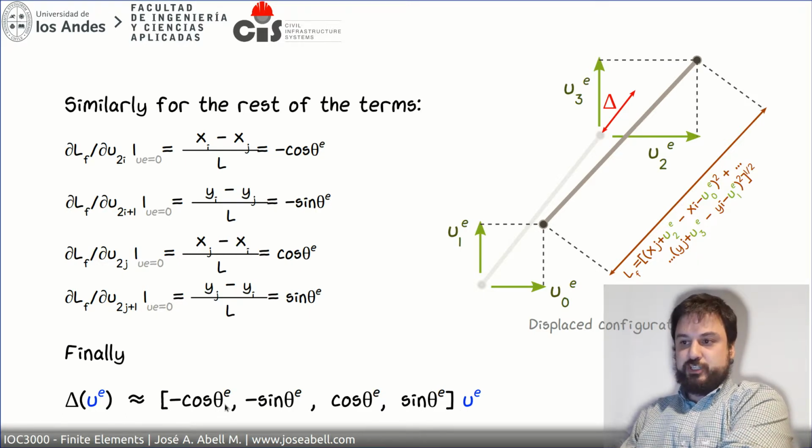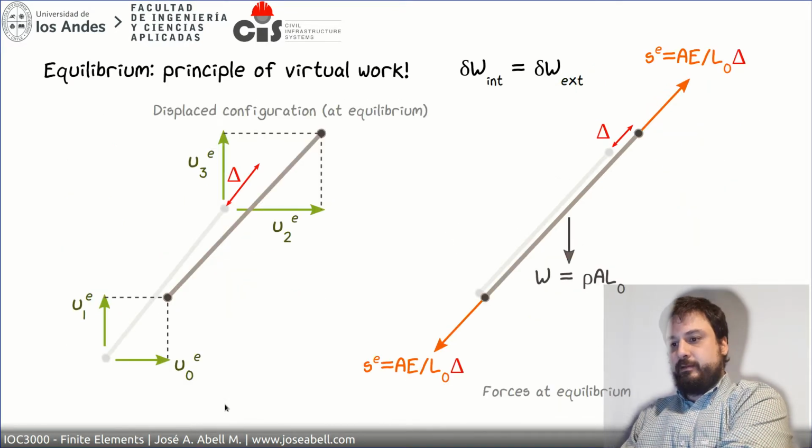Now with the stretch of the bar, with the delta, we can find out what the equilibrium is of the element, or we can speak about the equilibrium. So we have the displaced configuration at the equilibrium. There are some values for these degrees of freedom, and we have a stretch vector. For equilibrium, the most powerful approach is the principle of virtual work.